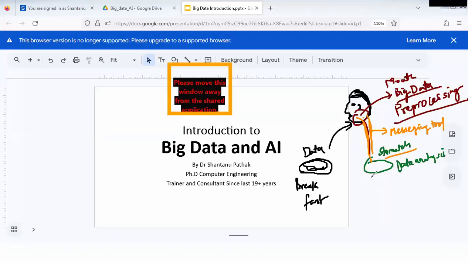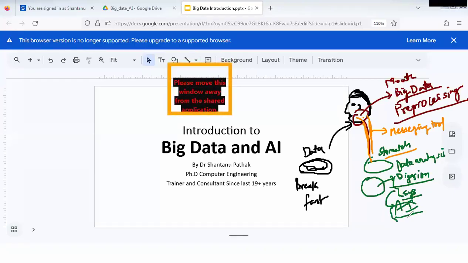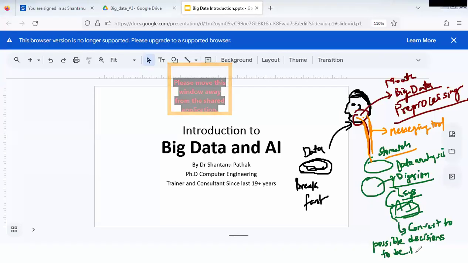Once you do basic data analysis, then you have the whole system of digestion, your intestines and everything. The digestive system is like AI, where it is going to take all your data, whatever you have pre-processed, and AI is going to convert it to what are the possible decisions to be taken. It's just going to digest your data.